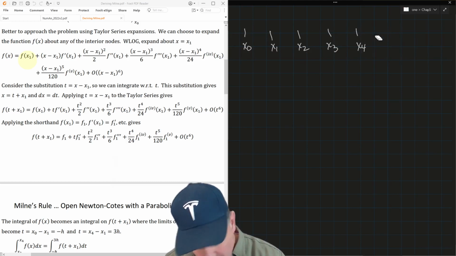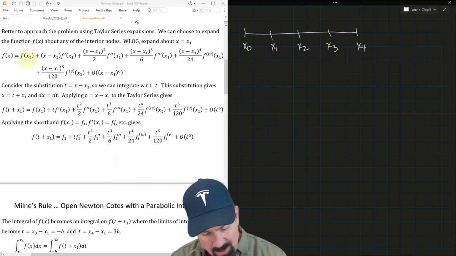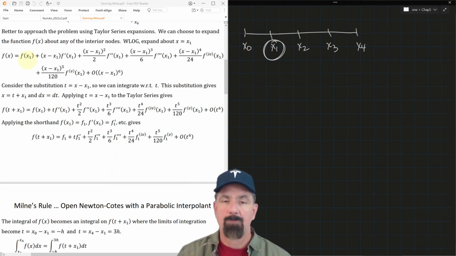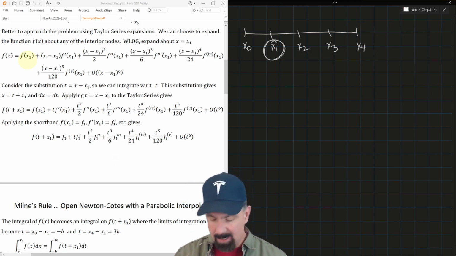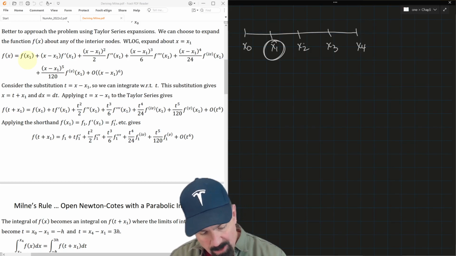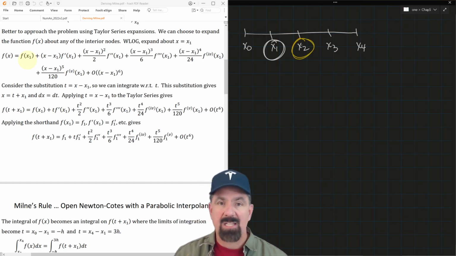So let me erase this and straighten it out. So we have these 5 points, and I'm going to expand about this one. That's a bad idea, and you'll see why in just a minute. The one that you want to expand about is x2. So when you do this problem as a homework problem, expand about x2, and I'll show you what the difference is going to be.